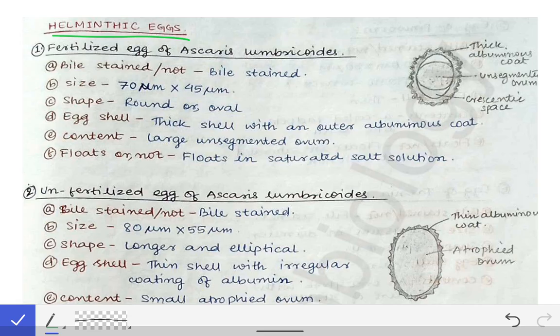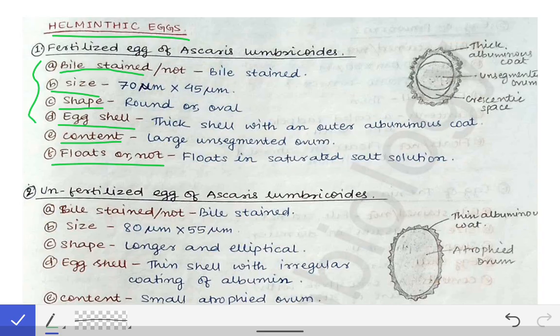So it is quite tough to know about all those helminthic eggs separately, so I have simplified all those in 6 points only. We will discuss all the eggs in those 6 points only. Those 6 points are: whether the egg is bile stained or not, what is the size of the egg, what is the shape of the egg, what is some characteristic feature about the egg cell, what is the content of that egg, and whether the egg floats or not on the saturated salt solution.